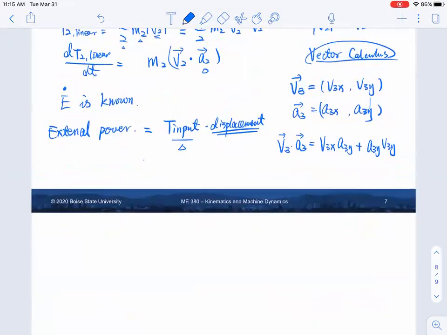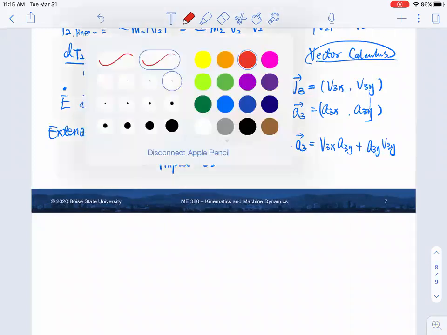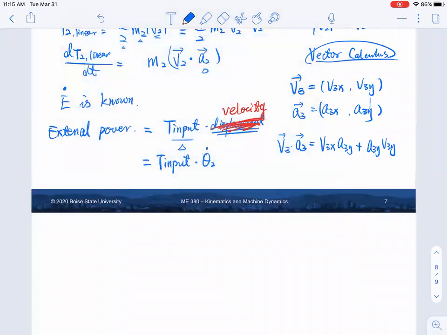So that's why you have your T input times theta 2. Sorry, I think that's velocity. I need to change that. That should be velocity because it's power, not energy. So that's why this should be theta 2 single dot.